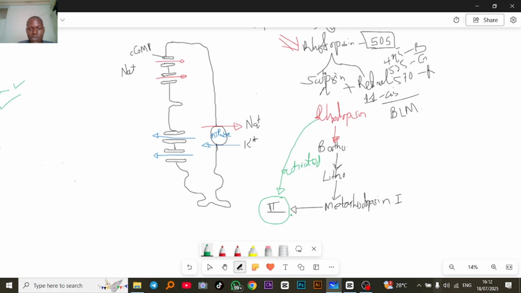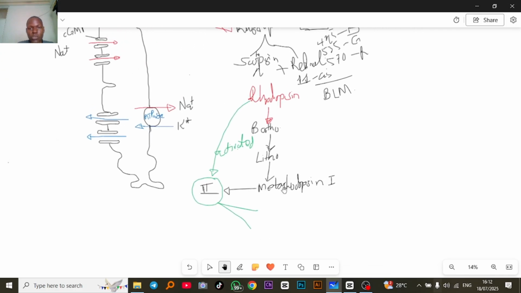What happens is that this meta-rhodopsin will spontaneously break down into the two components of rhodopsin.